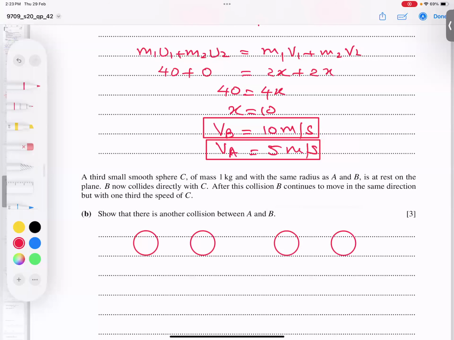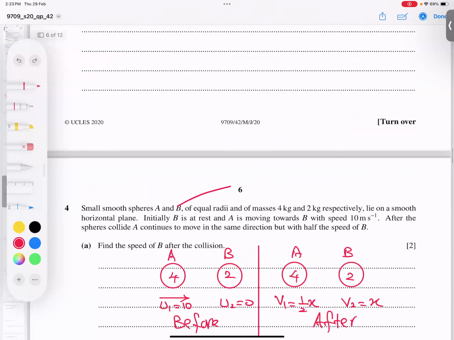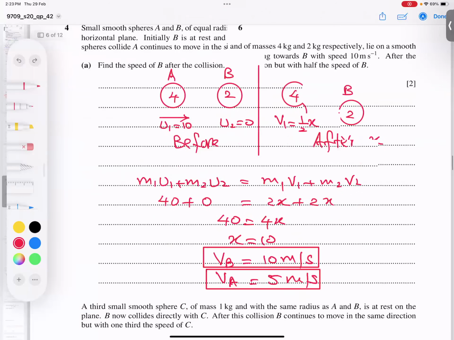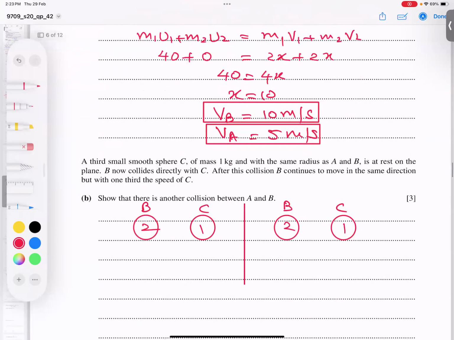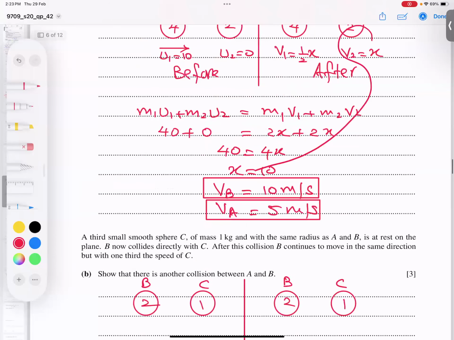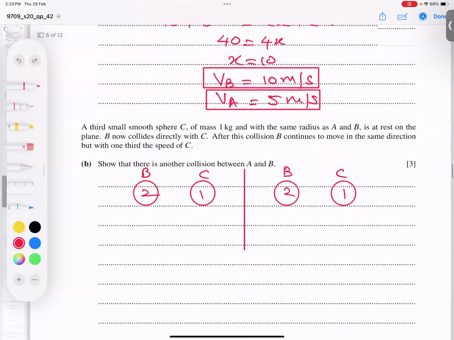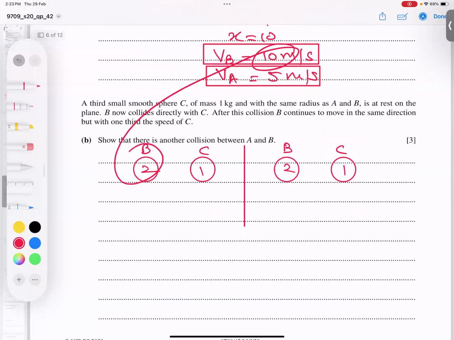And the diagram is important. As said before, this is B and C. The mass of B is 2 kilograms, and C is 1 kilogram. This is our final speed of B after the first collision, which is 10, and becomes the starting speed at this level.